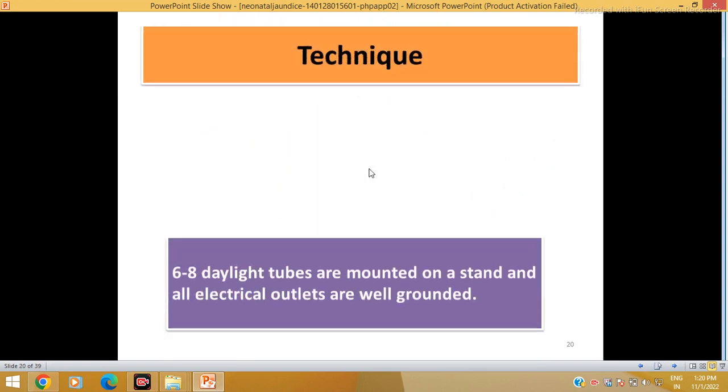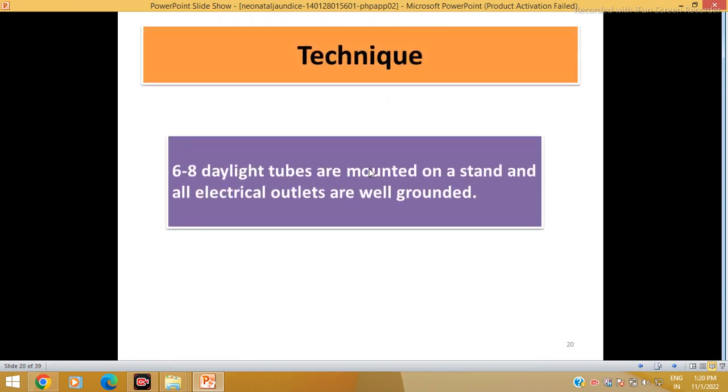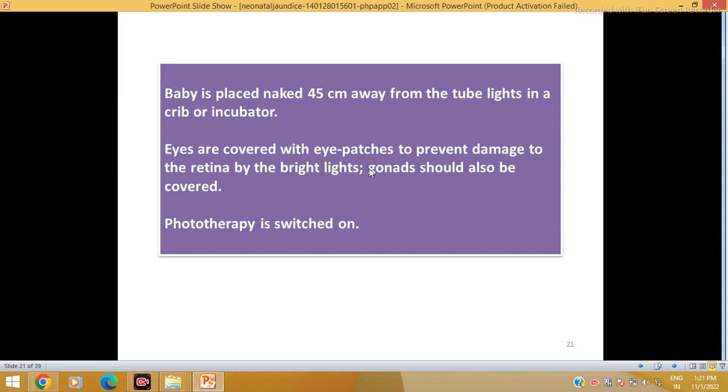Then what are the techniques of giving this therapy? 6 to 8 daylight tubes are mounted on a stand, and all electrical outlets are well grounded, so there are no chances of any shock or electrical current to the baby. Baby is placed at a distance of 45 centimeters from the tube lights in the crib or incubator. Eyes are covered with eye patches to prevent damage to the retina by the bright lights.